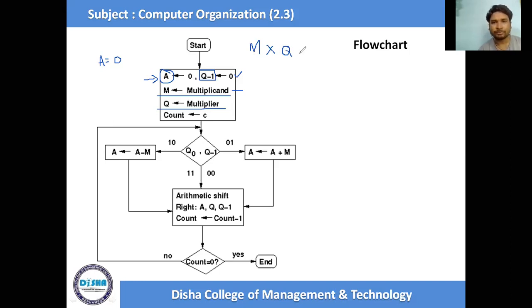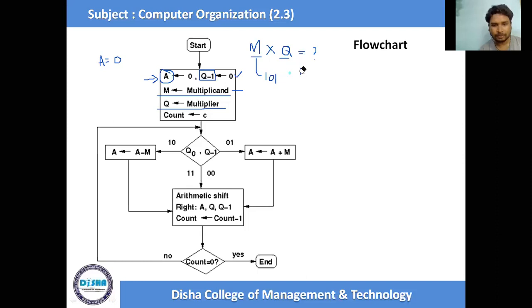So we get some result. Here M must be a binary value and Q must be a binary value. Suppose M is 1 0 1, and Q is 0 1 1.